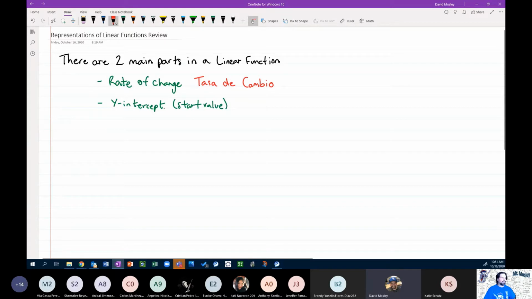And the y-intercept, or the start value, is the valor inicial. Those are, in Spanish, the tasa de cambio and the valor inicial.